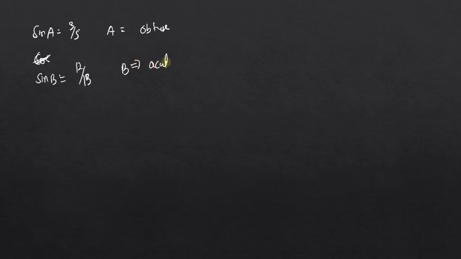So let's say in this case they say sine A is equal to 3 over 5, and A is obtuse, and sine B is equal to 12 over 13, and B is acute.